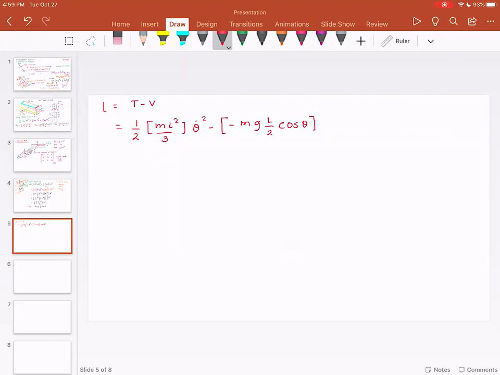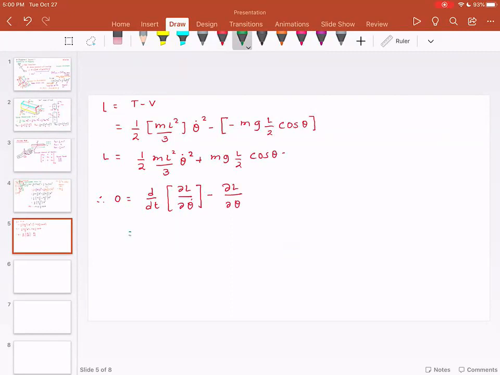Now what we need to do is we will solve this Lagrangian using the Lagrange equation. Let me just write this Lagrangian, 1 half m L square by 3 theta dot square plus m g L by 2 cosine theta, and the expression is d by dt of partial L by partial theta dot minus partial L by partial theta.